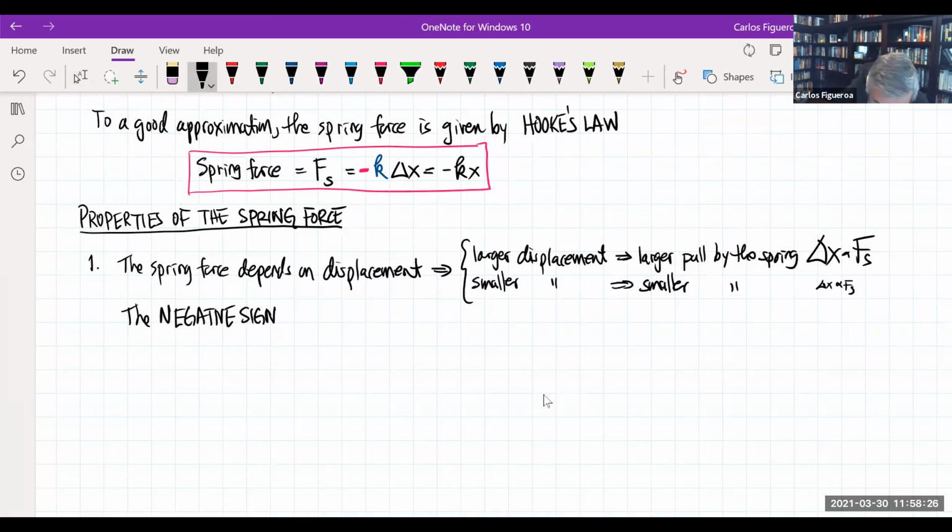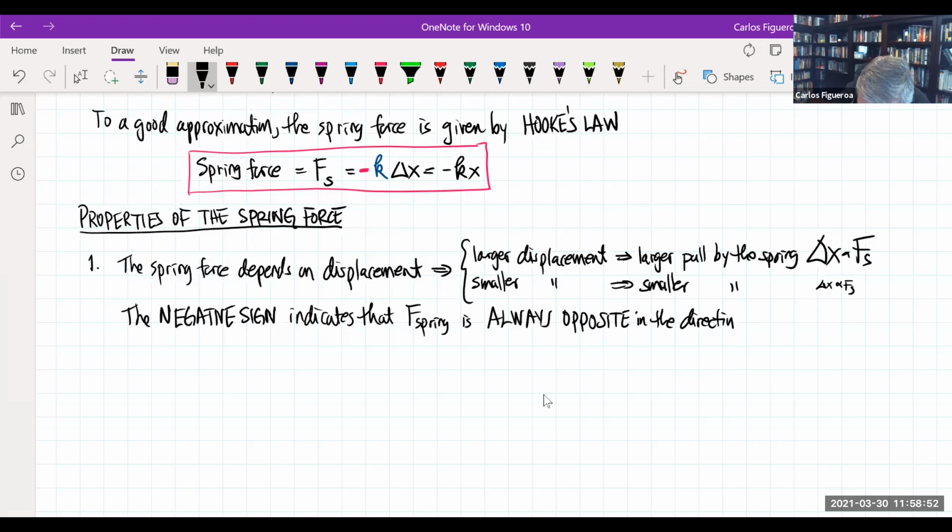The negative sign indicates that F of spring is always opposite, always opposite in the direction away from the equilibrium point.